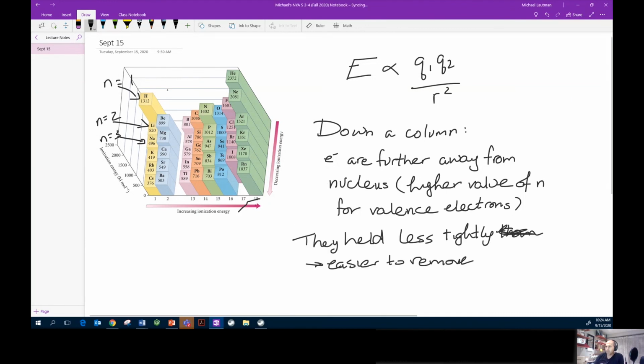That's the effect within a group or a column. But if we look at a period, as we go across the periodic table, we see a slightly different effect. Again, it parallels what we saw with atomic radius. As we go across the periodic table, the general trend is that it actually gets harder and harder to remove an electron.